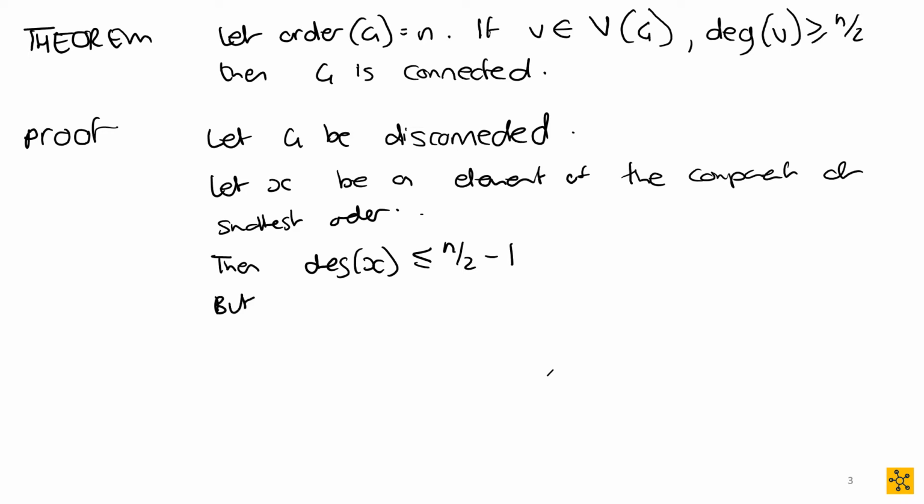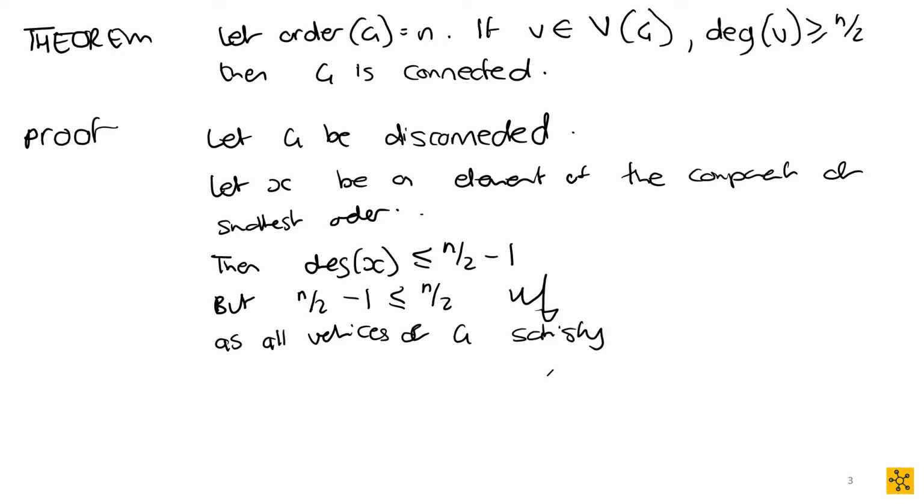But n over 2 minus 1 is less than n over 2, which is a contradiction, because we're saying that any arbitrary vertex of V(G) is such that the degree of those vertices is greater than or equal to n over 2, as all vertices of G satisfy the degree of V greater than or equal to n over 2.